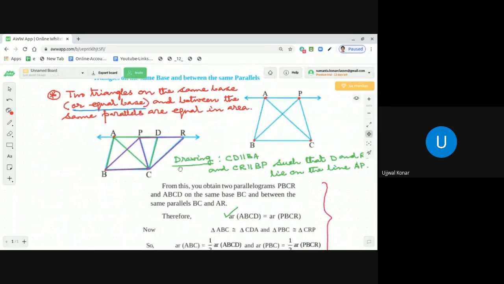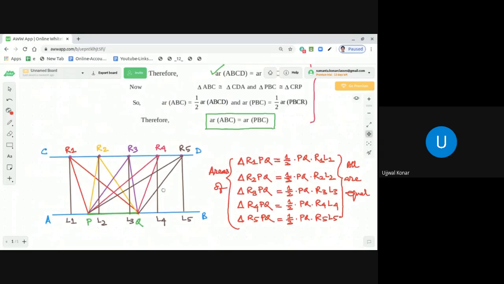By the way, there should be equal bases, it should be plural number. So let me write it down.